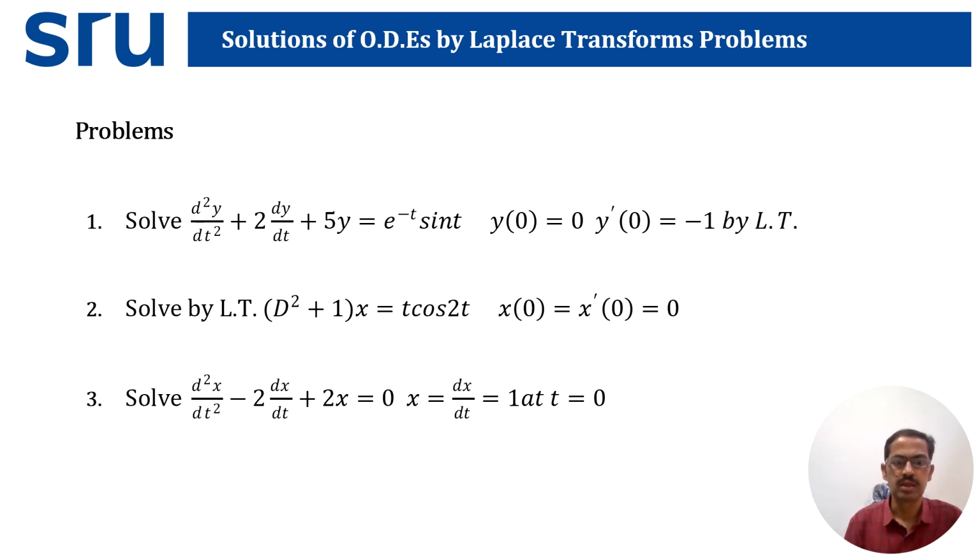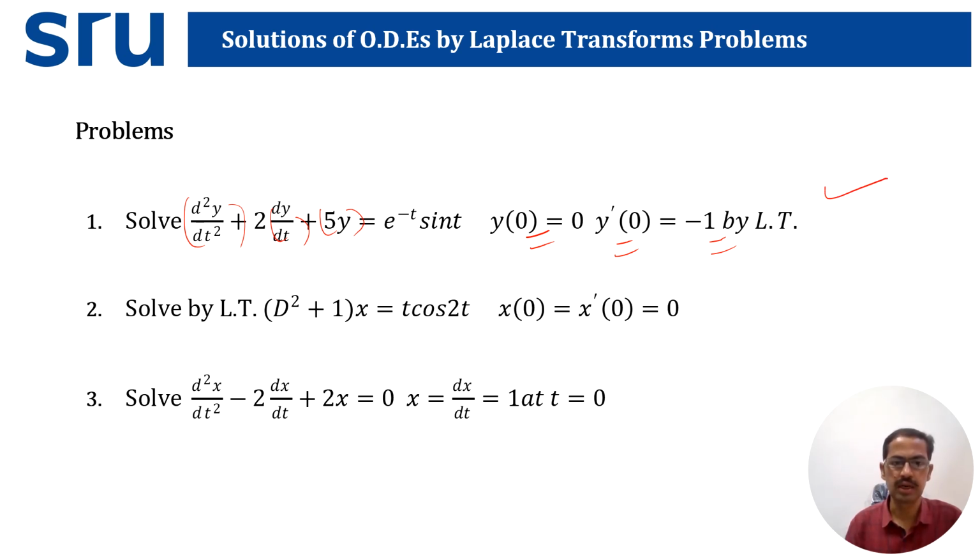So here you may take d square y by dx square plus 2 dy by dx plus 5y equal to e to the power of minus t sin t, y of 0 equal to 0, y dash of 0 equal to minus 1. Similar procedure here also: apply Laplace transform on both sides, substitute initial conditions and simplify, and you would get the solution.